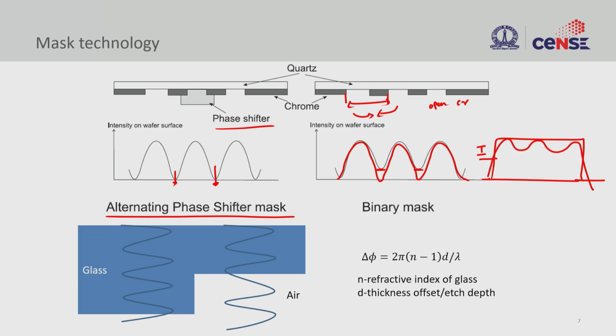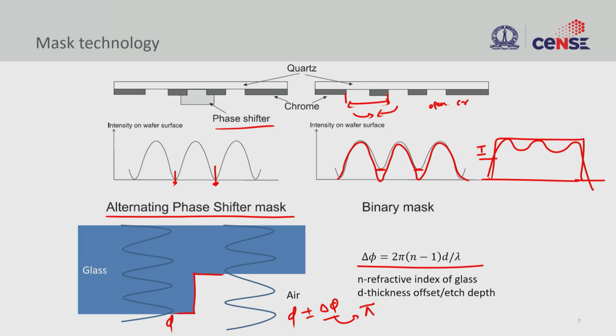You use only glass, and you are using glass of different thickness. So here you will have phi plus or minus delta phi, and this delta phi you want it to be pi. This pi difference will come from this thickness difference, and that is what is mentioned here.